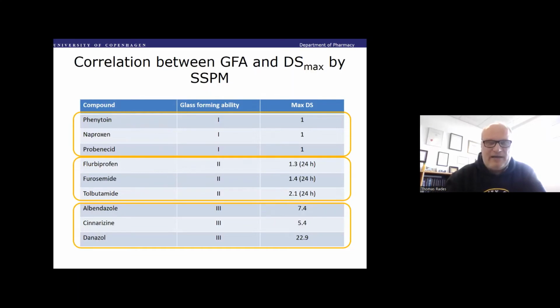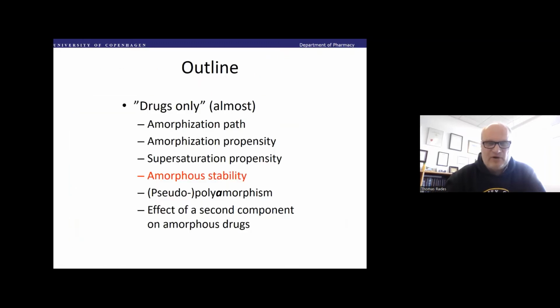So basically by 1 or 2 experiments, you can look at the usefulness of a drug to be converted into an amorphous form. So that's super duper. But then what about the amorphous stability? If we want to use an amorphous material, let's say the pure amorphous drug, this is perhaps the main concern, and we need to have some idea about the amorphous stability.